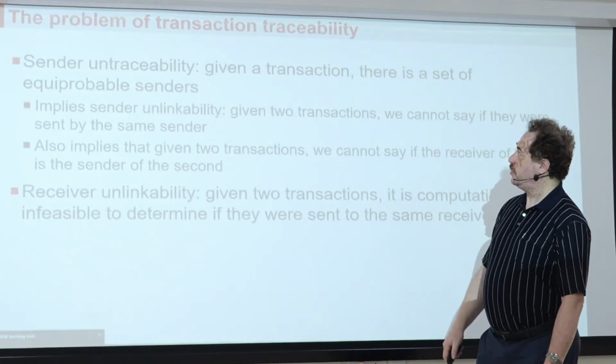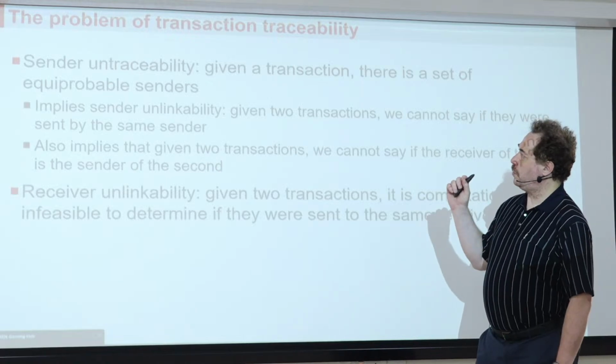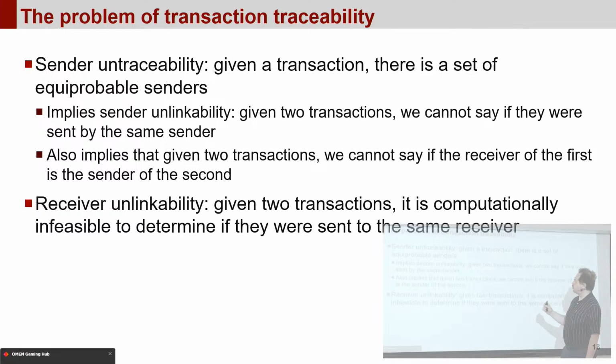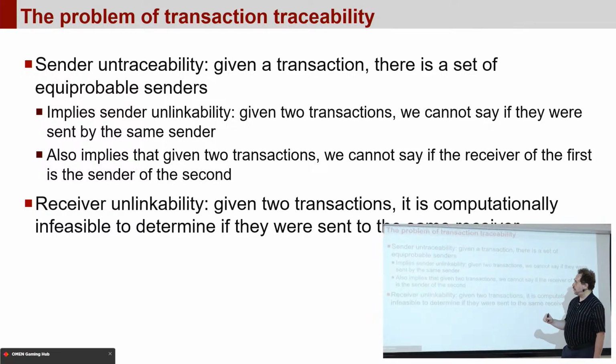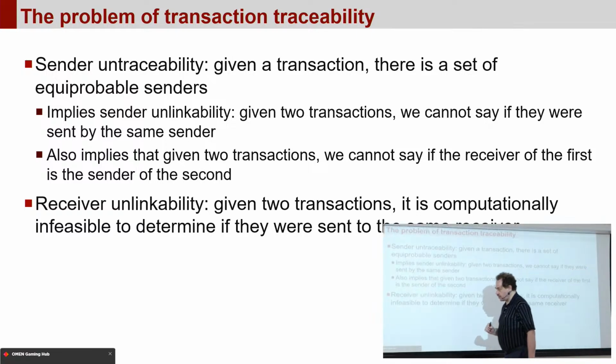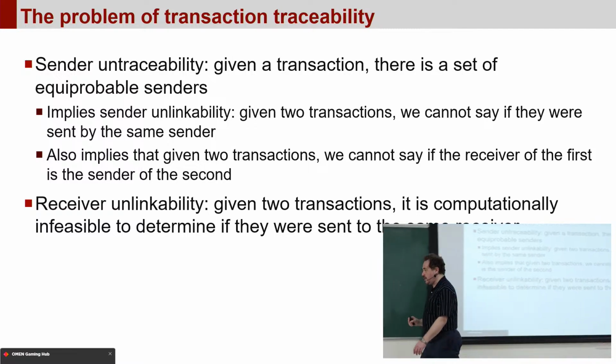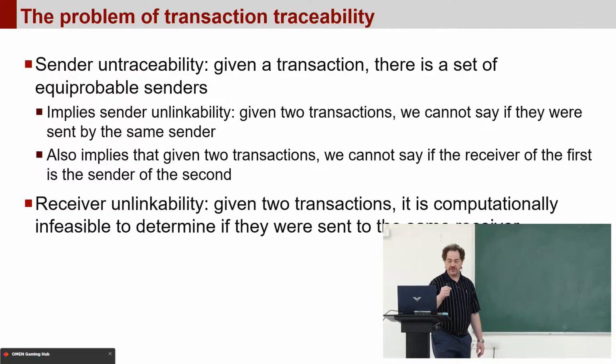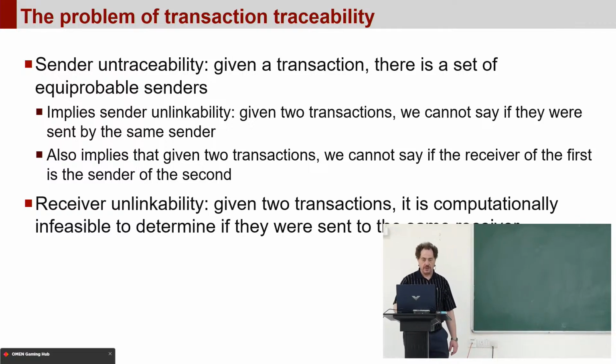All right, so what Monero was set to solve was the problem of transaction traceability. And the two properties that Monero wanted to guarantee were sender untraceability and receiver unlinkability. What is sender untraceability?